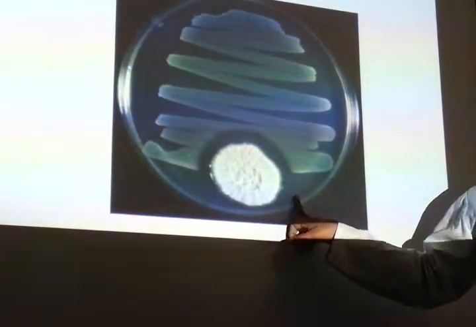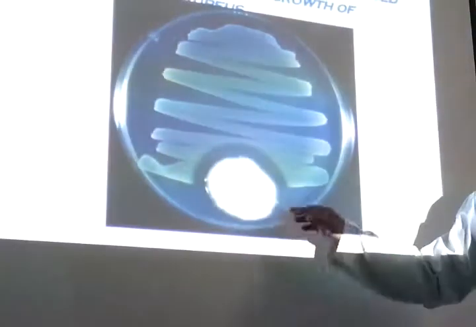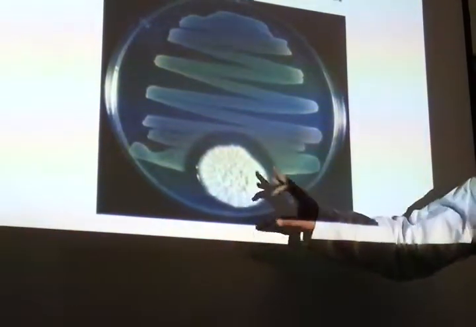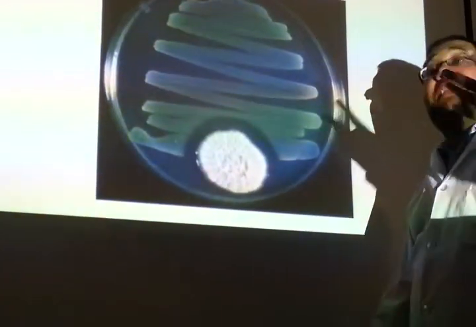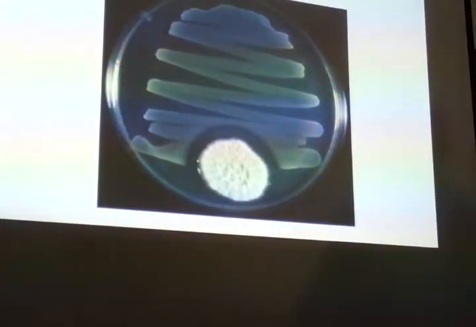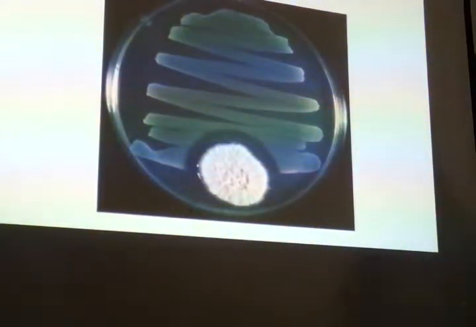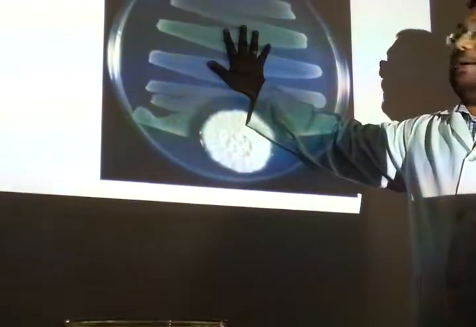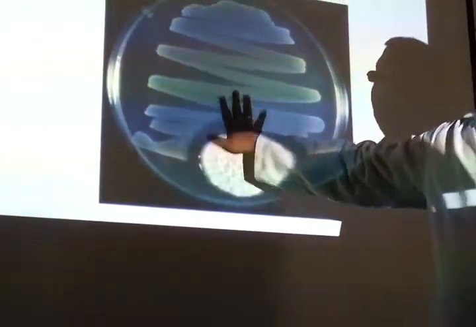Why is it not growing? The fungus must be producing something that is stopping the bacteria from growing. So this, he found out, was penicillin, the first antibiotic that we discovered. This is how we knew that there are substances that can stop bacteria from growing.